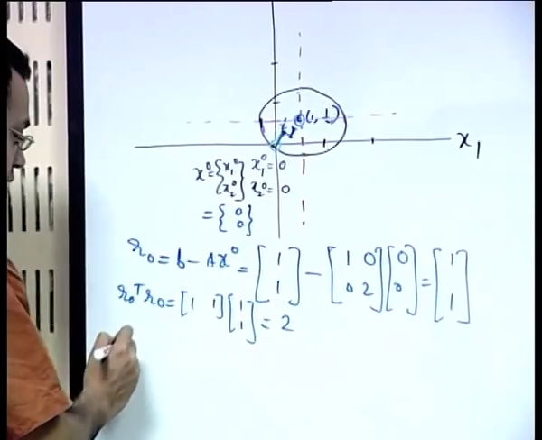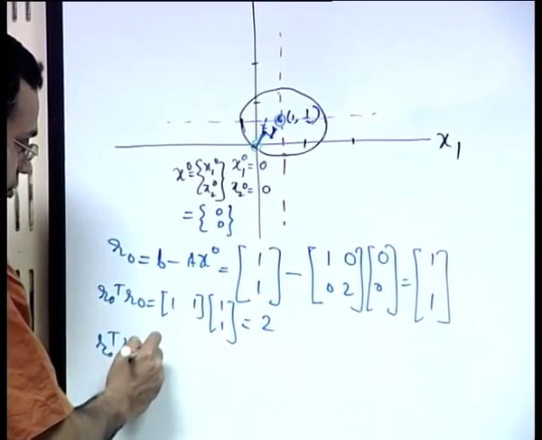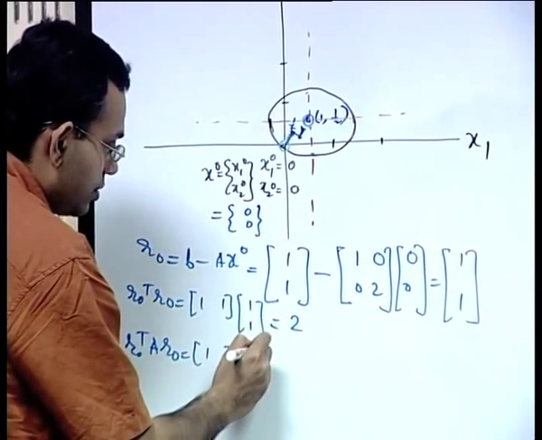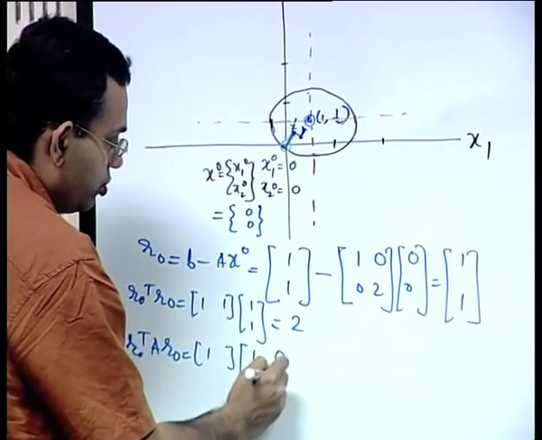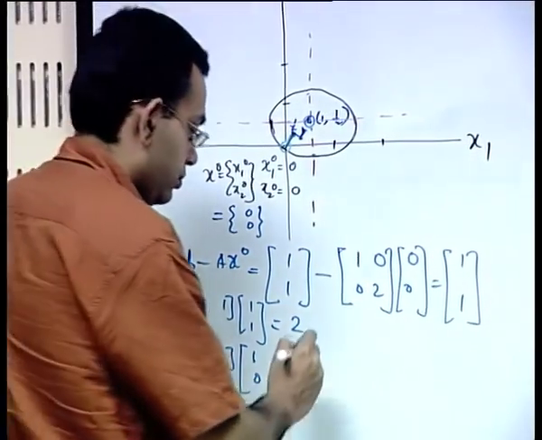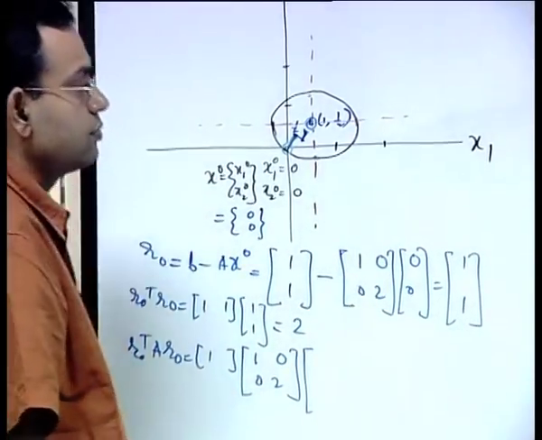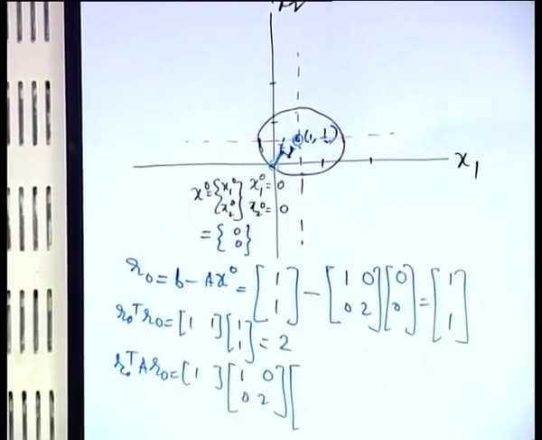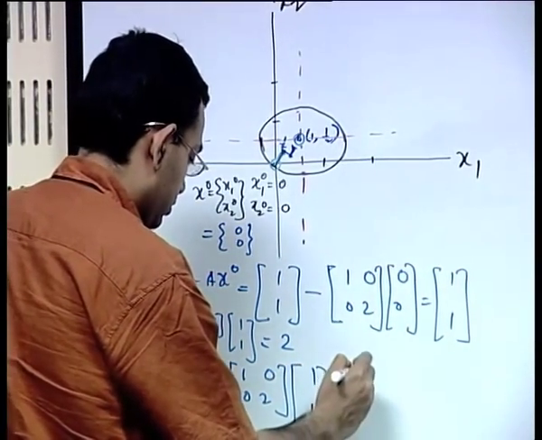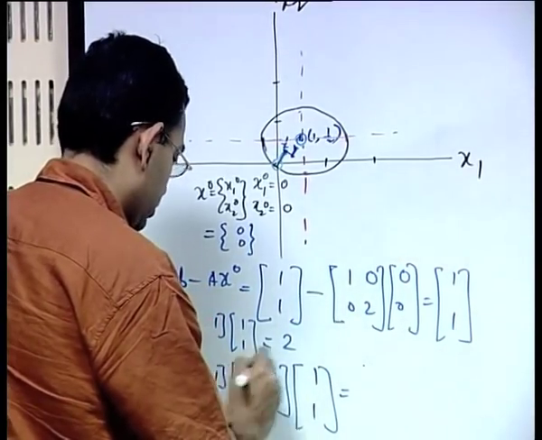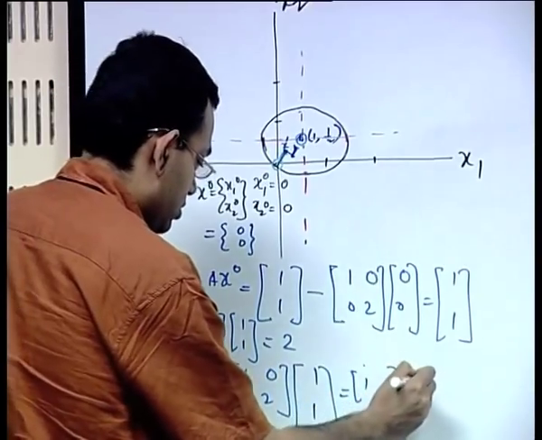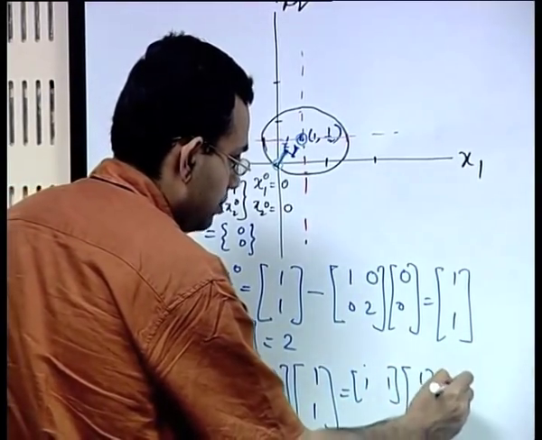Then r0 transpose A r0, A is 1 0 0 2, into r0. So 1, then 2, so it becomes 3.